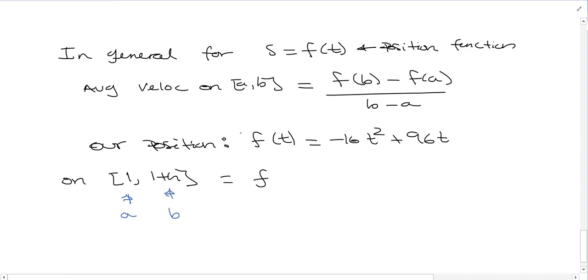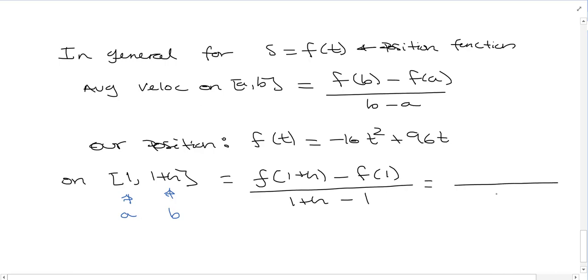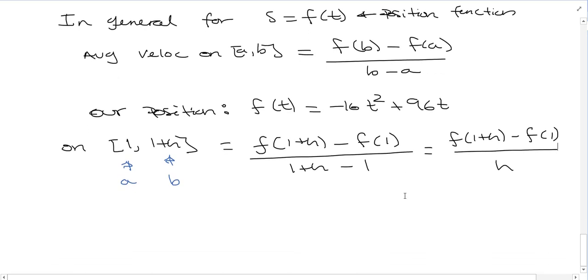So it'll be f of b, so f of 1 plus h, minus f of a, so f of 1, all over b, so 1 plus h, minus a, minus 1. This just becomes h, so f of 1 plus h minus f of 1, over h. This might look familiar already. In prior sections, we did the difference quotient, and that's what it looks like.